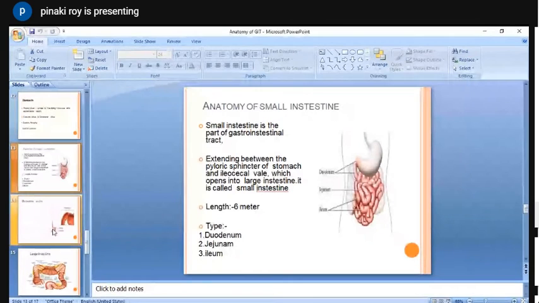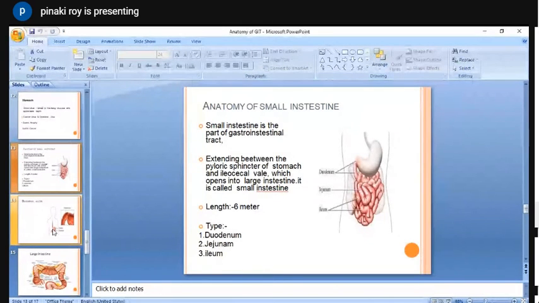Another important disease, possibly you have heard, is celiac disease. Celiac disease, though it involves the duodenum as well as jejunum as well as ileum, is mostly first diagnosed by seeing the characteristic mucosal pattern of the duodenum, the D2.